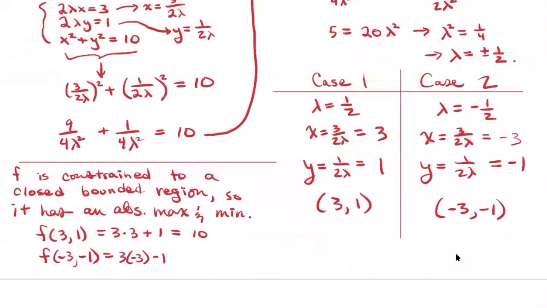So this is going to be 10 or negative 10. So you've got your absolute max at 10 and your absolute min at negative 10. And that's it.